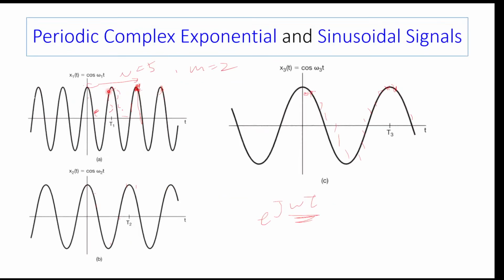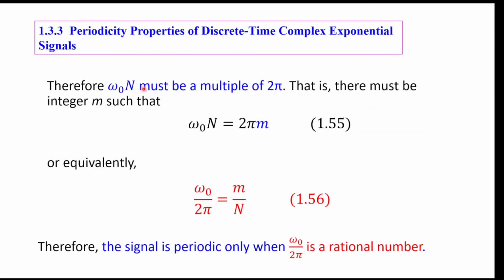So for now, omega naught N must be a multiple of 2 pi, and that means that omega naught N must be 2 pi times some integer m. We just move things around from this equation.